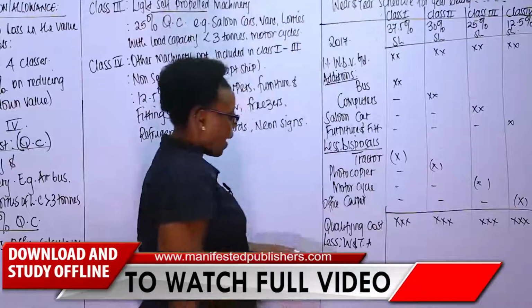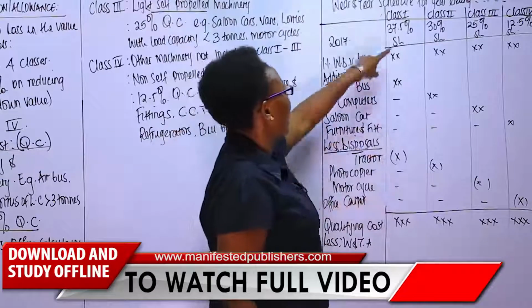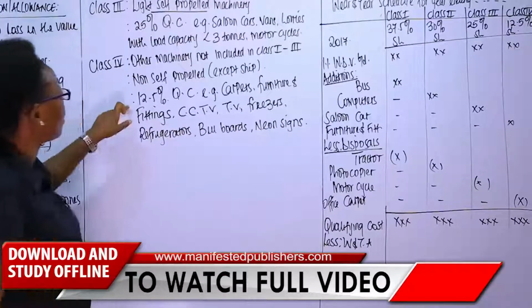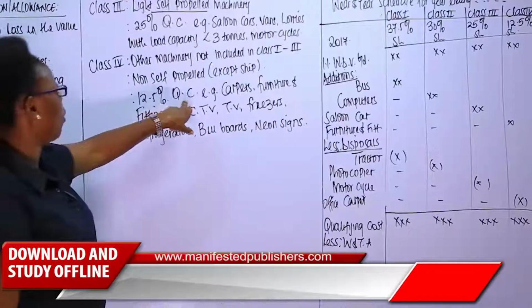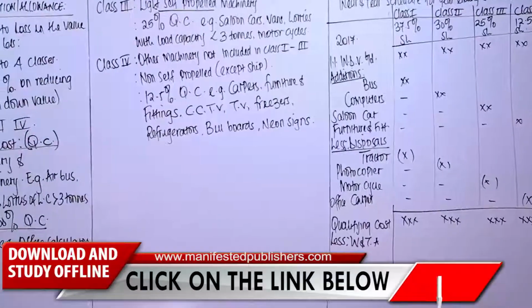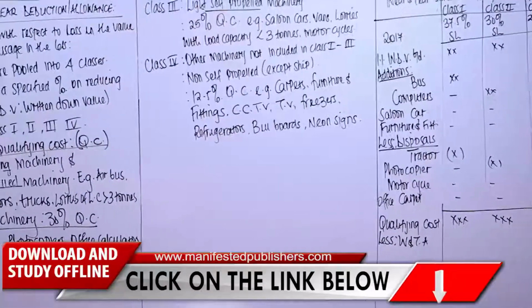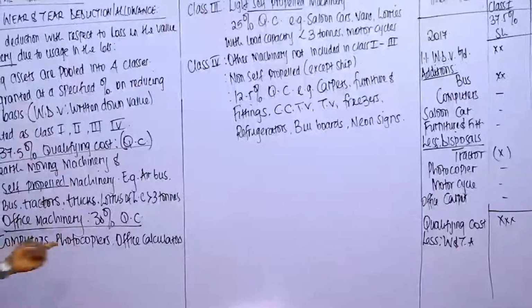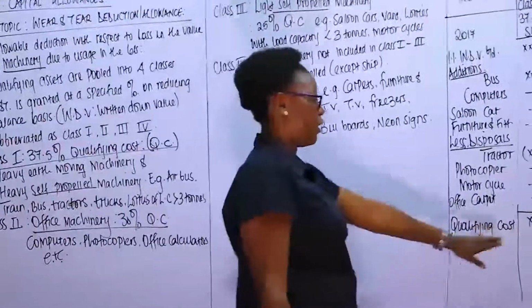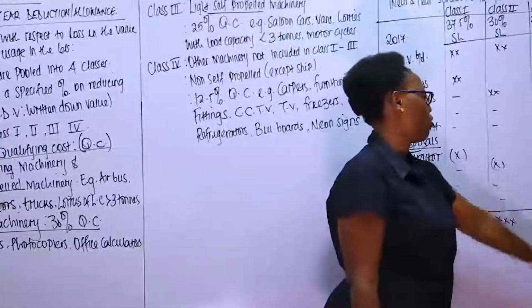So wear and tear allowance is going to be X percentage of the qualifying cost. Look at this. This is 12.5% of the qualifying cost, 25% of the qualifying cost, 37.5% of the qualifying cost, and 30% of the qualifying cost. So our qualifying cost is this amount. We'll see in our real illustration.